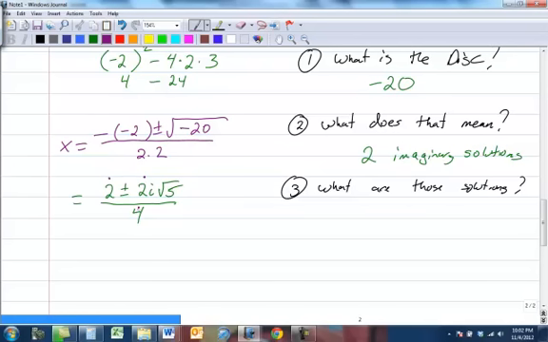If you're going to simplify this fraction, all 3 of these numbers have to have something in common. They all have 2's. So our final answer here is going to be 1 plus or minus i root 5, the whole thing divided by 2. I would also accept 1/2 plus or minus i root 5 divided by 2. I would accept either of those solutions.